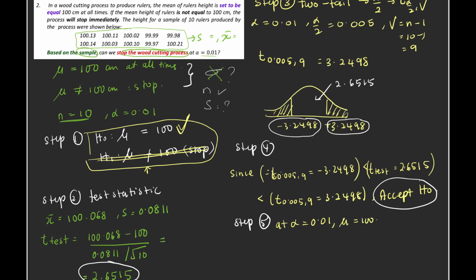So, if mu is equal to 100, it will not stop the process, because the process will stop if mu is not equal to 100. In our case, we accept H null where mu is equal to 100, so the process will not stop. It will stop if you reject H null and accept H1 where mu is not equal to 100.